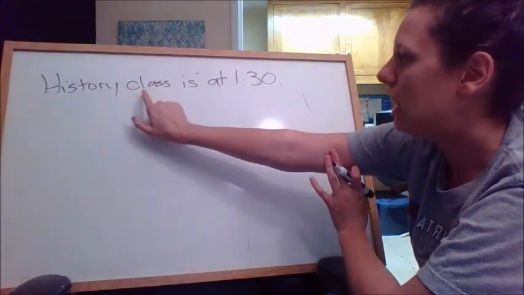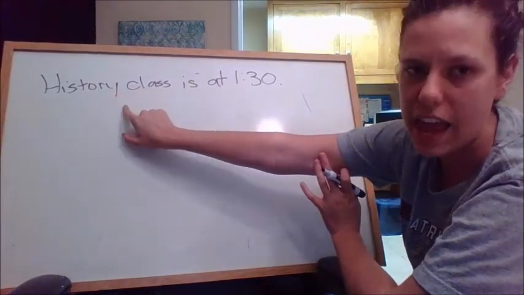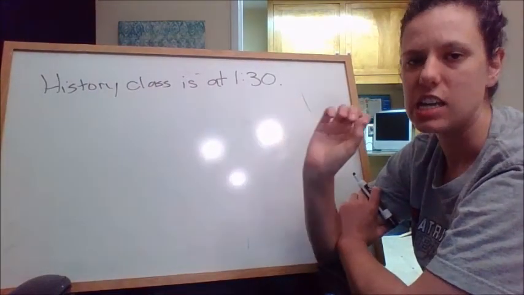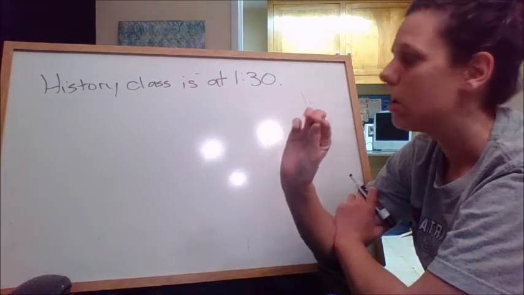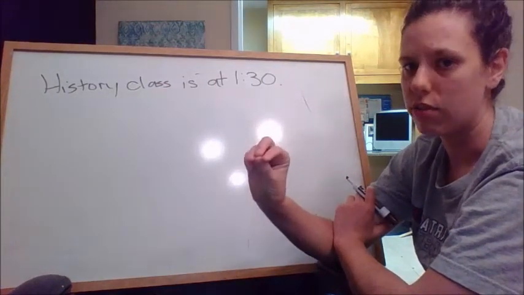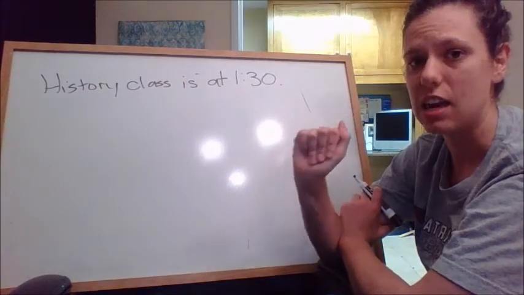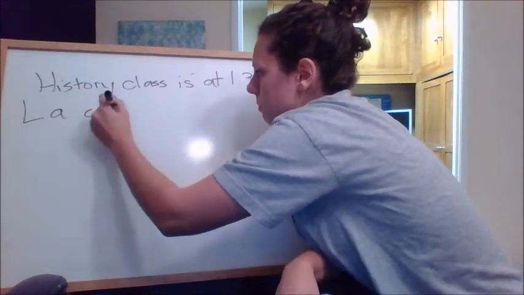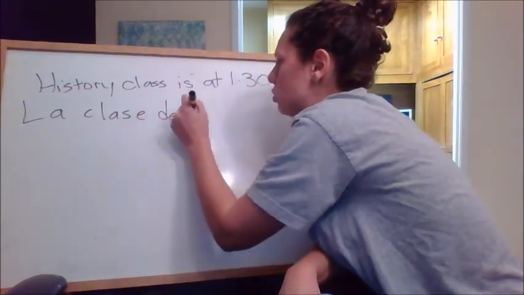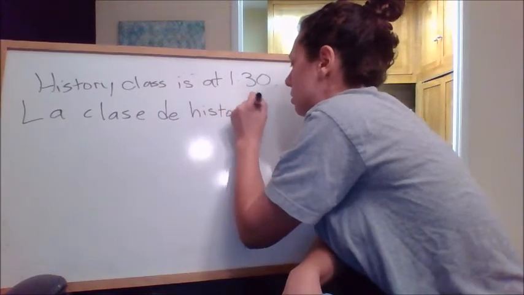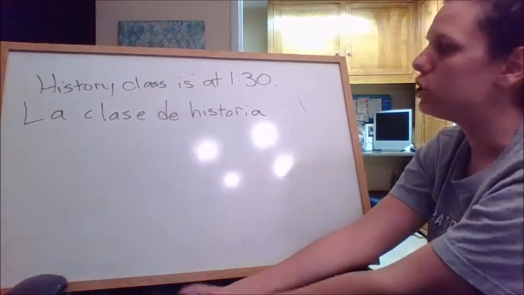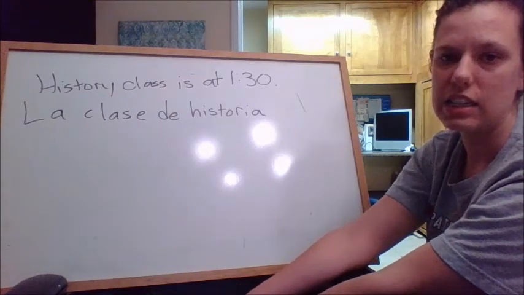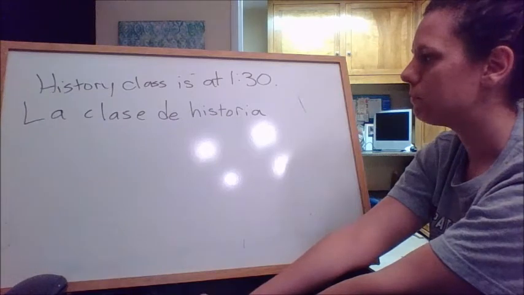You have to say la clase de and then the subject. Remember, clase is feminine. All right. So if you say el clase, you're going to get points off. You've got to know by this point that clase is feminine. So we say la clase de historia. Okay? You cannot say historia clase. It's not how that works. La clase de historia, the class of history.